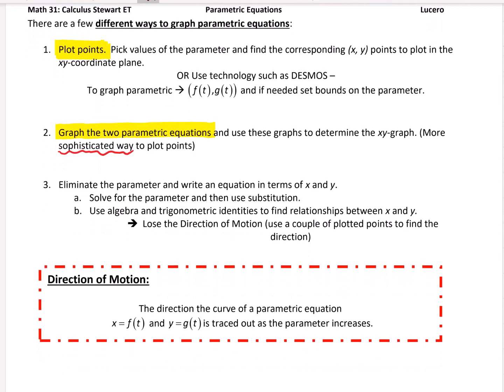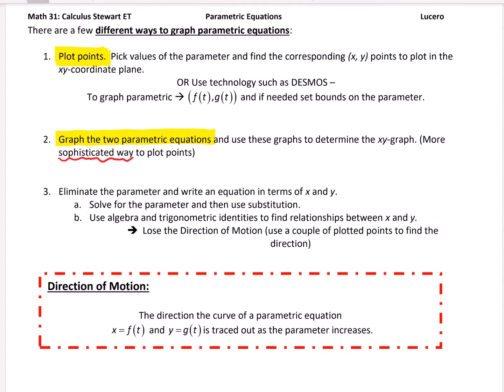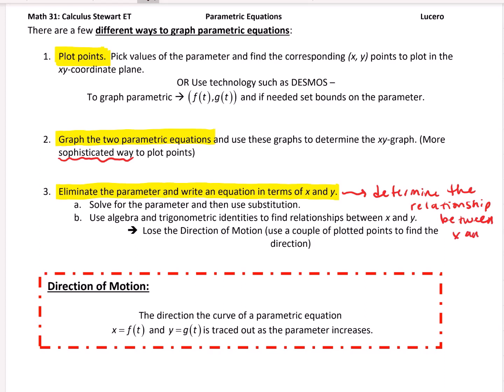And then probably the way that we'll rely on a little bit more is this one: eliminate the parameter and determine the relationship between x and y, if possible.